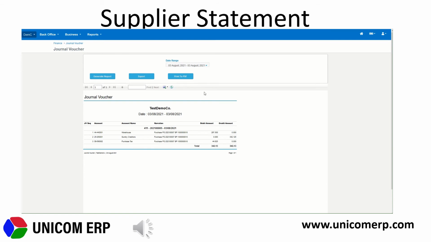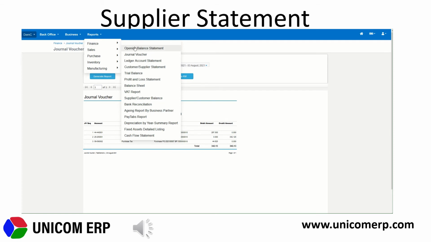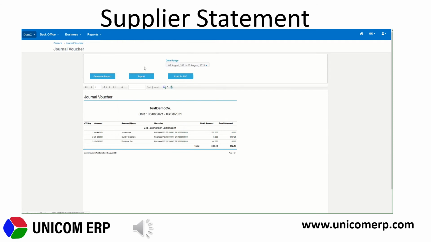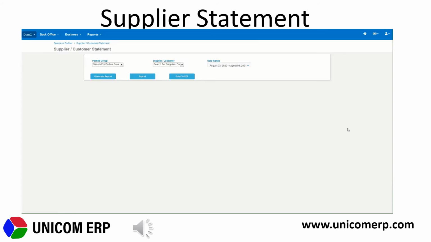Credit purchase also updates the supplier subledger for that supplier. It can be viewed from Reports, Finance, Supplier or Customer Statement menu option, or Reports, Finance, Supplier or Customer Balance menu option. Both menu options generate reports and allow you to view the supplier statement and journal entry associated with it.